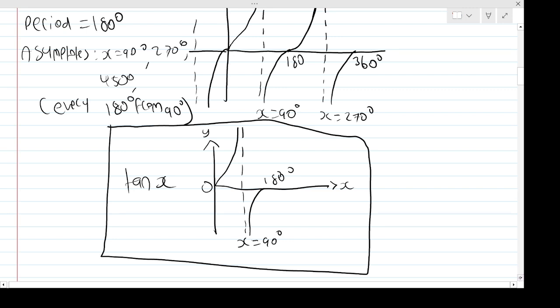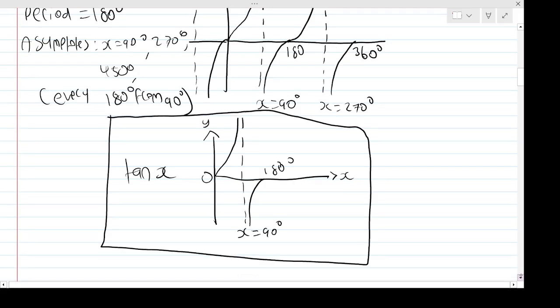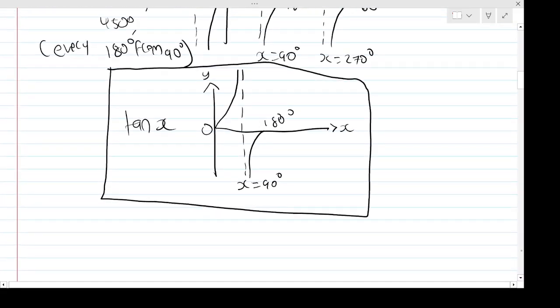Right, so with that in mind, the idea of periods: the graph repeats itself every 180 or 360 degrees. There is no cut-off point, the graph goes on forever. So in questions you might see, the question tells you to only draw for a certain range of angles x.